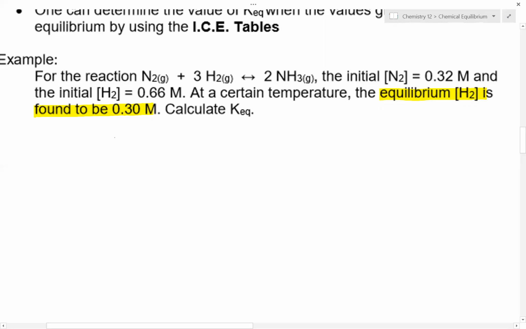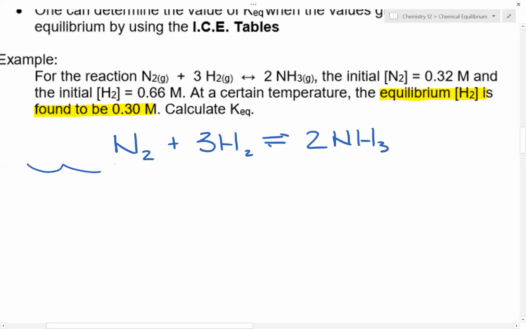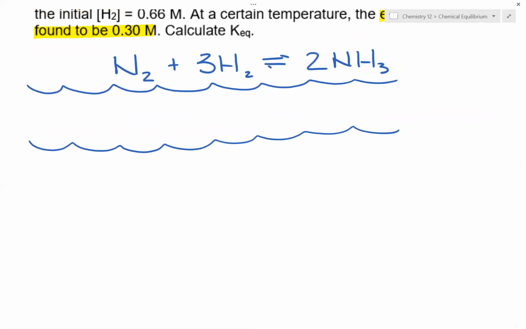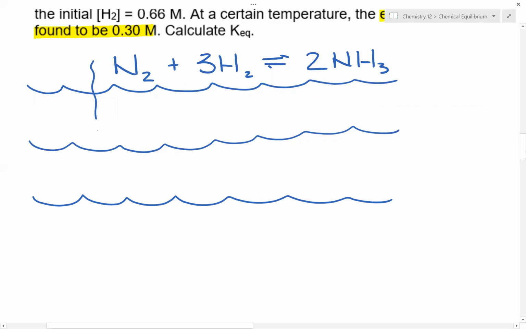So we have N2 plus 3H2 in equilibrium with 2 NH3. Now, what do I mean by ICE tables? So what we do is we set this up a little bit. Oh, lots of space. Okay. So we set this up.